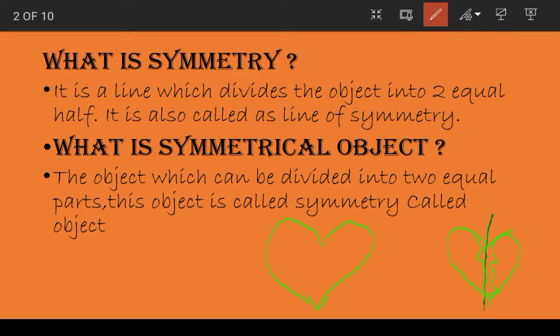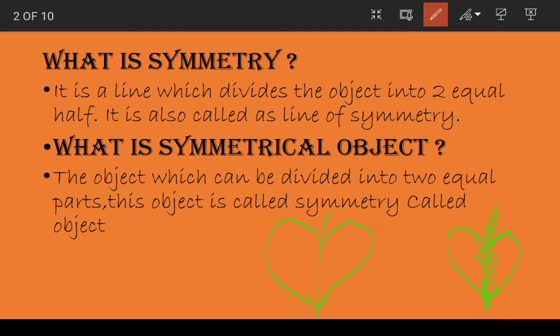When you cut it from between, first you are folding, finding out the center, and then you are cutting it out. Then you are making the line of symmetry here. This is the line of symmetry which divides this heart into two equal parts.